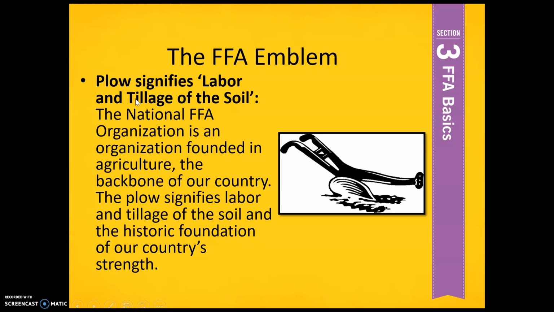Agriculture, because without agriculture, there's no food. And if we don't have food, things unravel pretty quickly. So agriculture is in many ways the backbone of life here in the United States, and that plow signifies the labor necessary for agriculture.